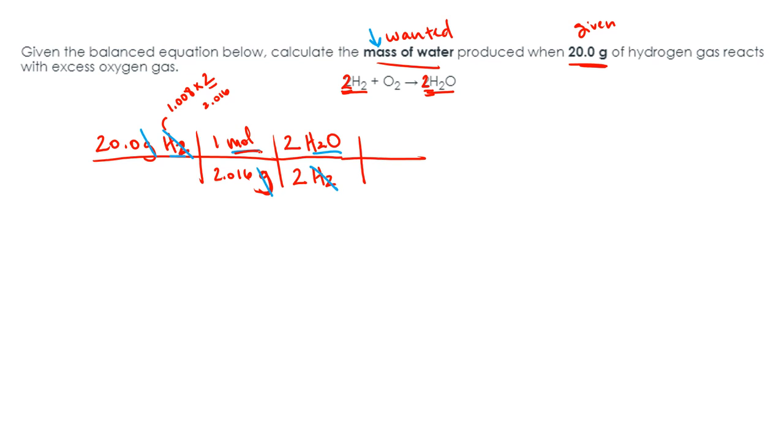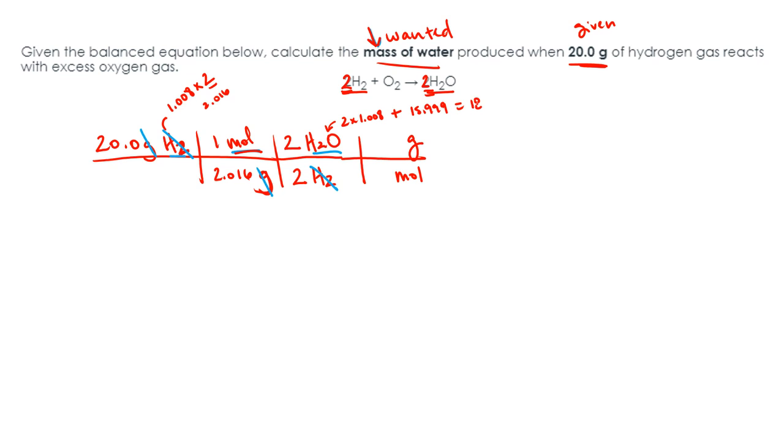I have moles here. I want it to go away, so I want to turn my moles into mass. So I'm going to put mole on the bottom so that top and bottom cancel out. I'm going to flip my moles into grams. I do that by multiplying now by the molar mass. So I'm talking about water. Water is 2 hydrogens, so 2 times 1.008, and 1 oxygen, which is 15.999. 2 times 1.008 plus 15.999.